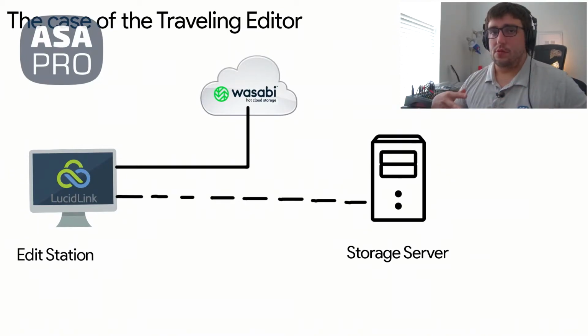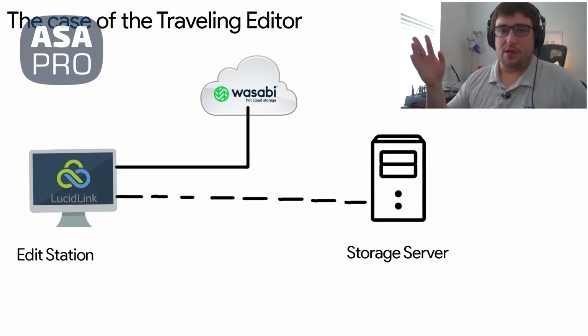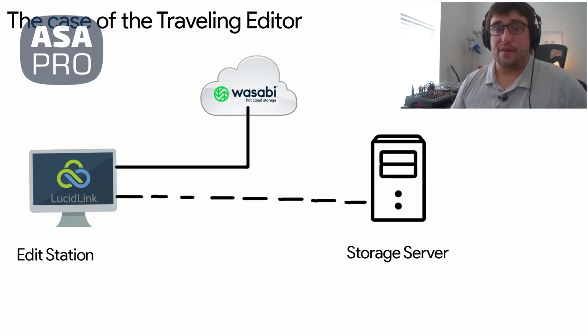And so I'd like to use this analogy of the case of the traveling editor, where you are using Wasabi or an AWS or an Azure, it doesn't matter, as your file system as opposed to that storage server. Now, the storage server doesn't necessarily become unimportant anymore. You could be syncing files from the cloud to your on-prem storage using that editor.